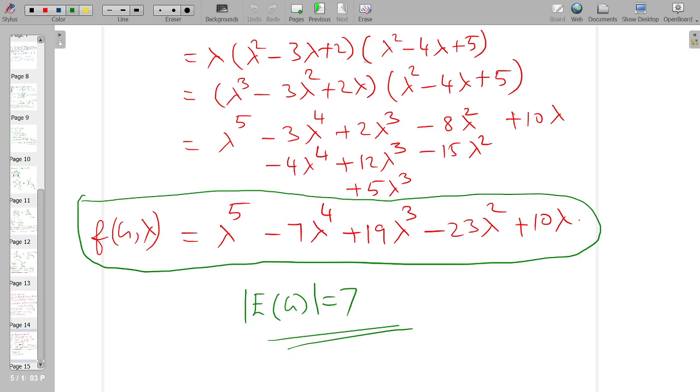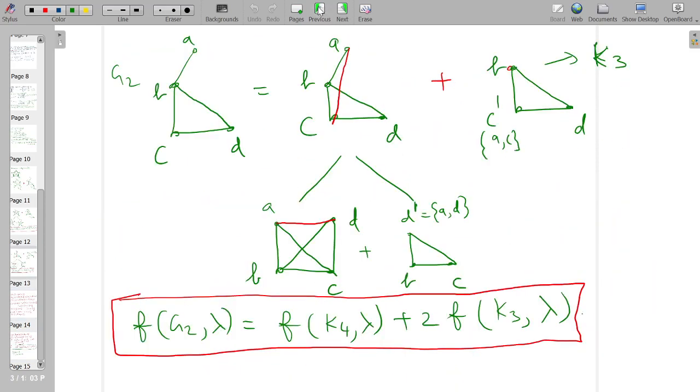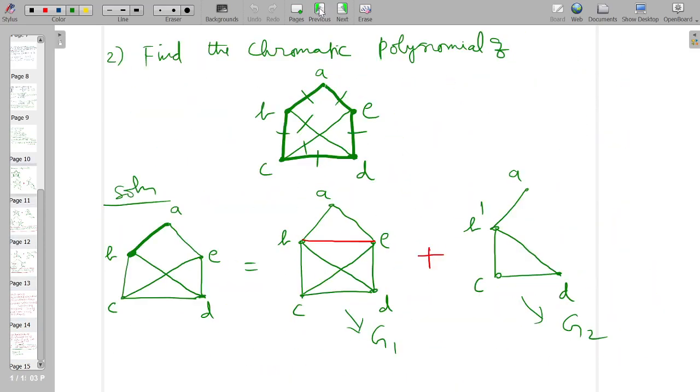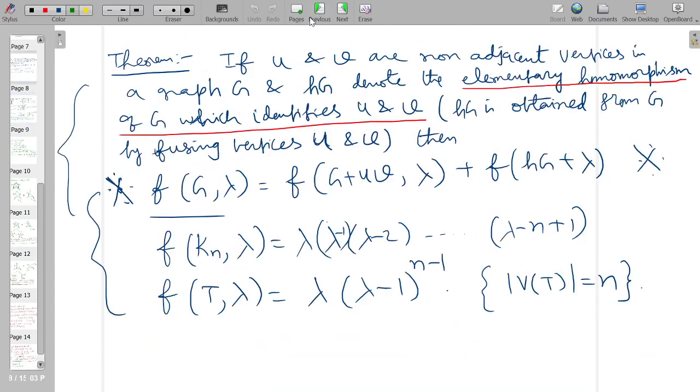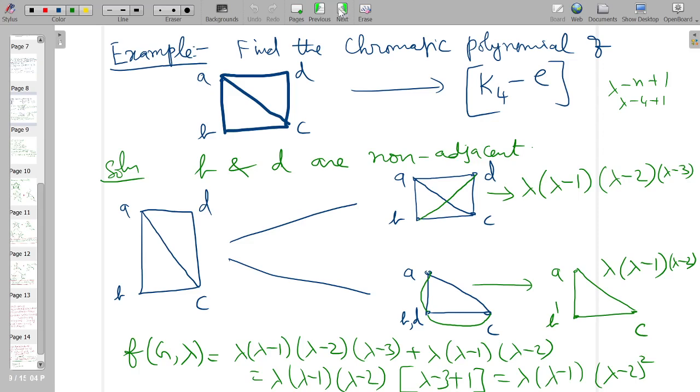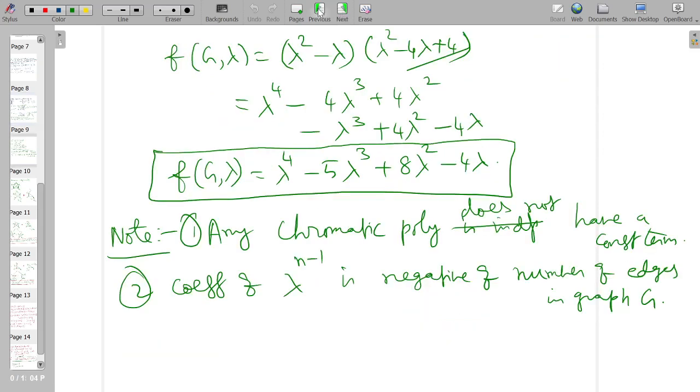As said earlier, all this was possible because of this particular theorem. You have to understand how to find the chromatic polynomial of a general graph G using the process of fusion, and here you have to just use it.